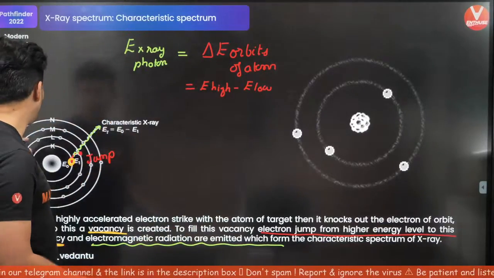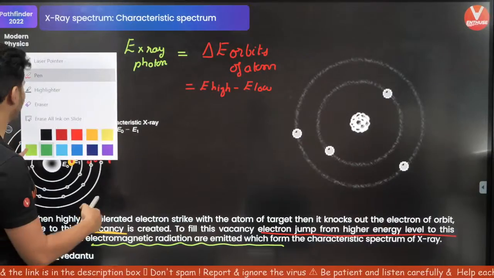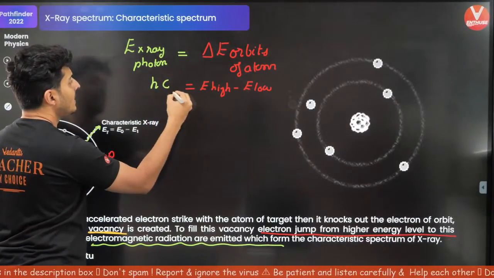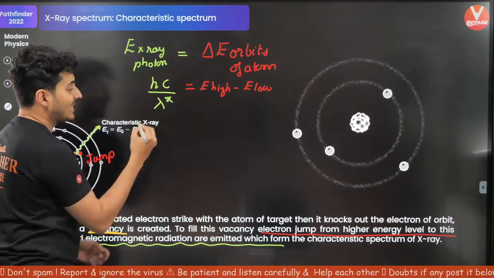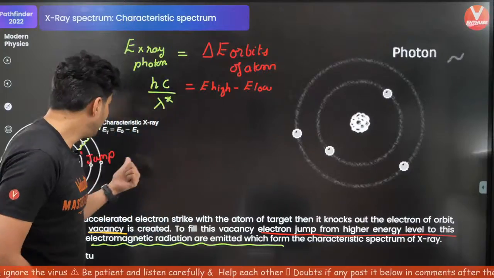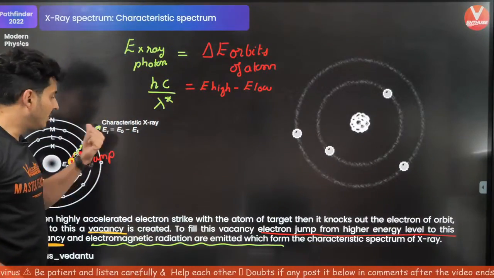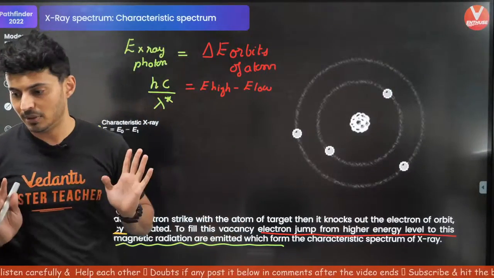That will be the energy of the photon, and the energy of the photon can also be written as hc by lambda. But this lambda, keep in mind, is characteristic. It is not any random lambda, it is unique. If it is from this to this, one lambda. If it is from this to this, some other lambda. So lambda depends on the nature of the jump.